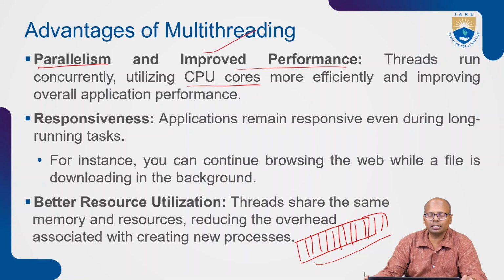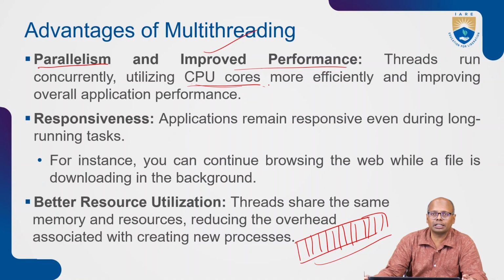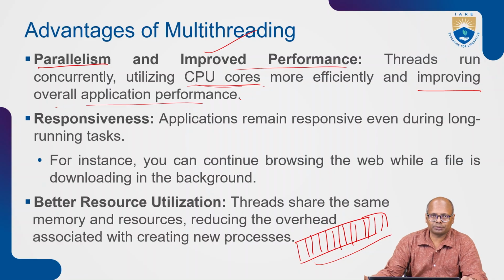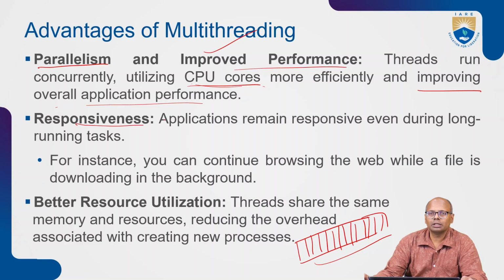With multi-threading, we are utilizing the CPU cores more efficiently, and in that way we are improving the overall application performance. So that is one advantage. The next advantage is responsiveness.